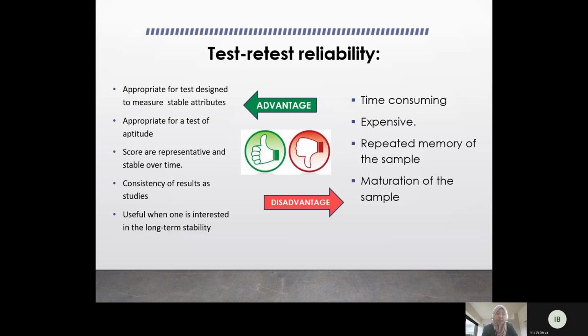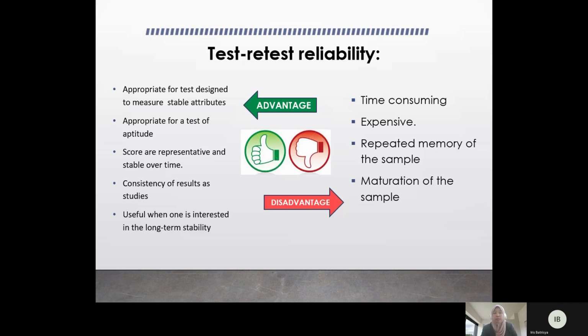And finally, the advantage, it is useful when one is interested in the long-term stability. Contoh dekat sini kalau kita buat rawatan, ujian dalam rawatan kepada pesakit diabetes, di mana rawatan tu nanti boleh digunakan untuk orang lain dalam tempoh jangka masa yang panjang.